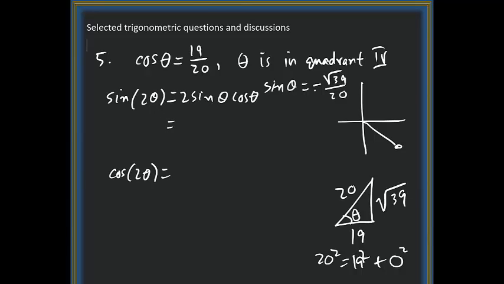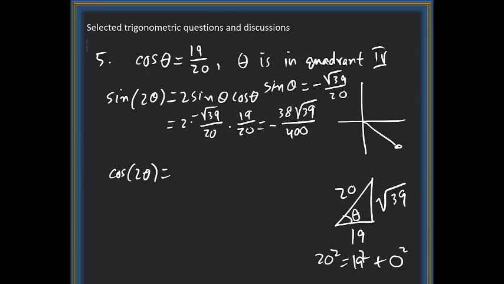So when you plug the values, you get 2 times negative radical 39 over 20 times 19 over 20. When you simplify, you get negative 2 times 19, you can say 38 square root of 39 over 400. So that is my sine 2 theta.